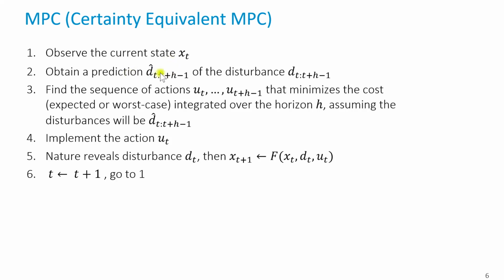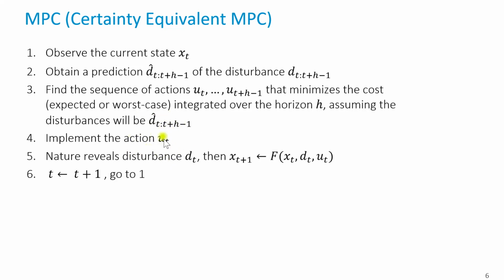We obtain a prediction here. And then we solve an optimization problem by assuming that the future of the disturbance will be equal to the prediction, and we compute the sequence of control actions that minimize the integral of the costs over the time horizon. That gives us a sequence of optimal set points here. But, and that's the trick of MPC, we will implement only the first of these control actions.